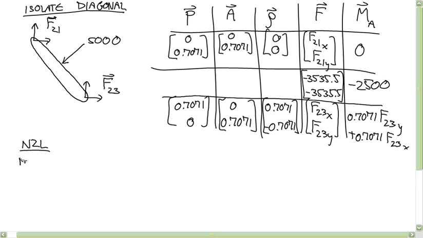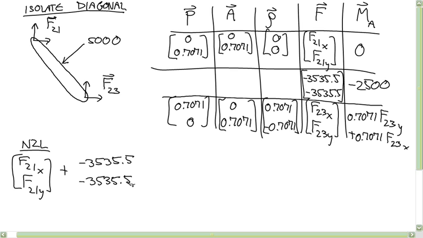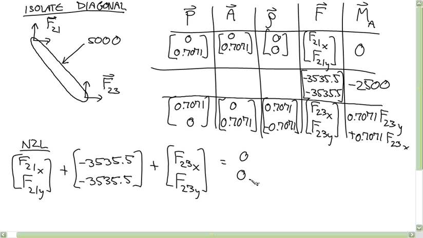So we get F21x, F21y plus negative 35.5, negative 35.5 plus F23x, F23y equal to 0, 0.